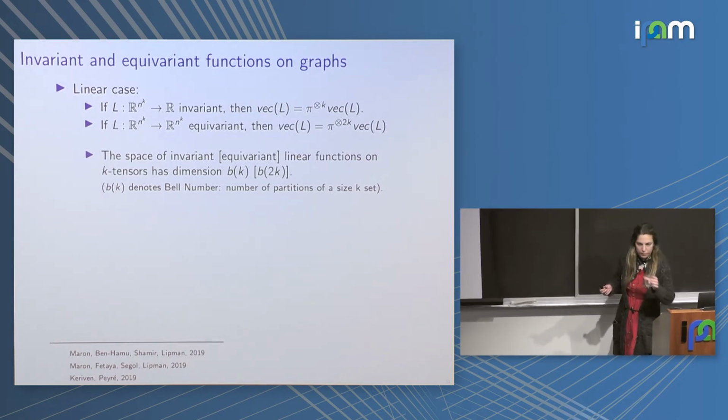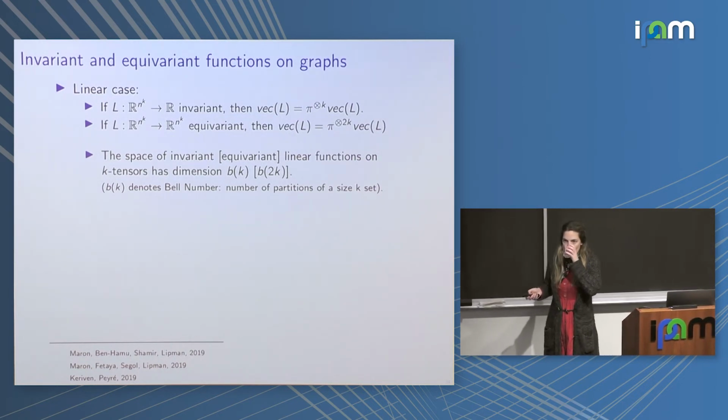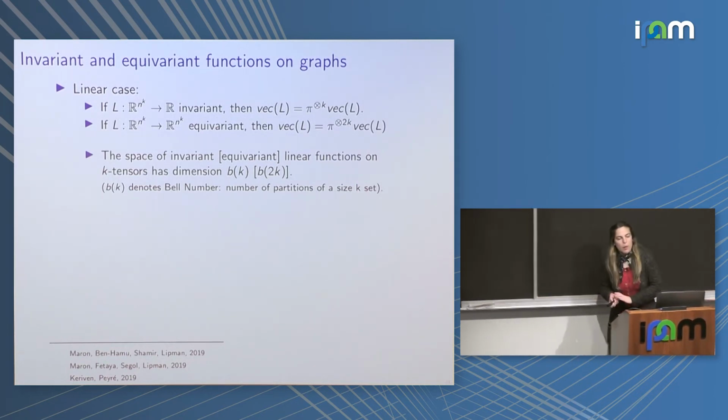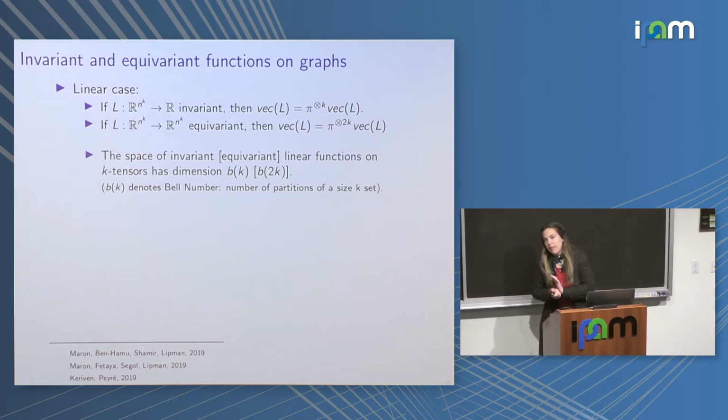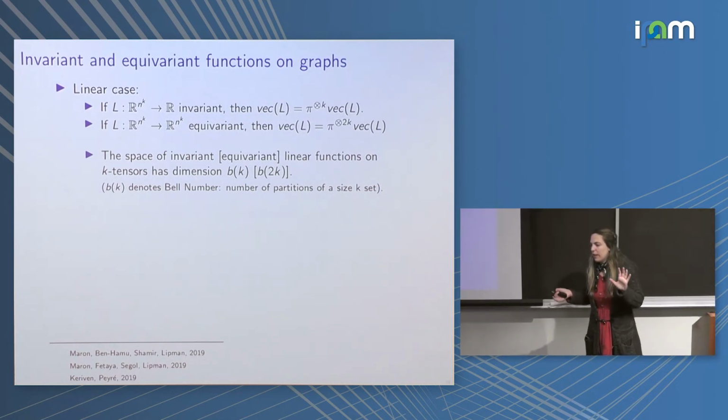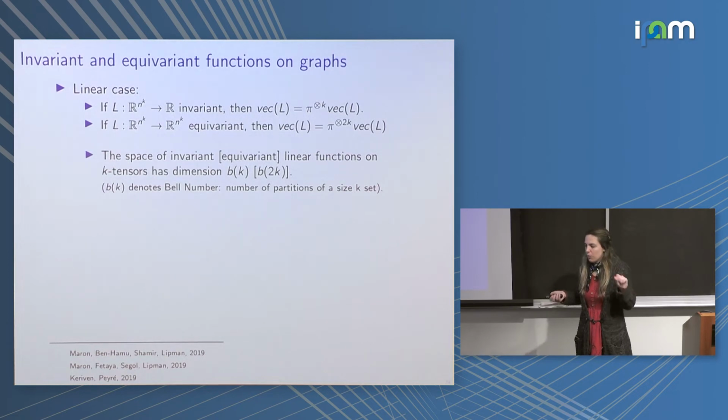Okay. So that tells you that the message passing neural networks are not very expressive, at least in the graph isomorphism sense.